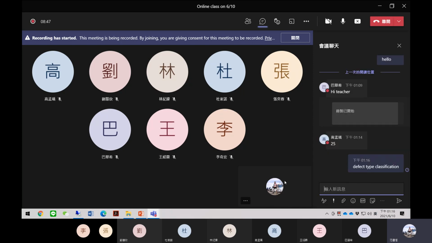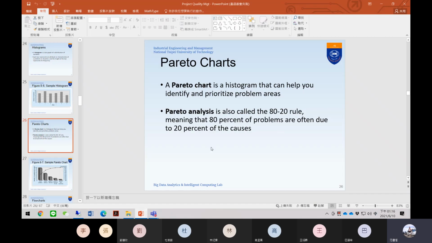Pareto analysis is also known as the 80-20 rule, meaning that 80% of problems are often due to 20% of the causes.